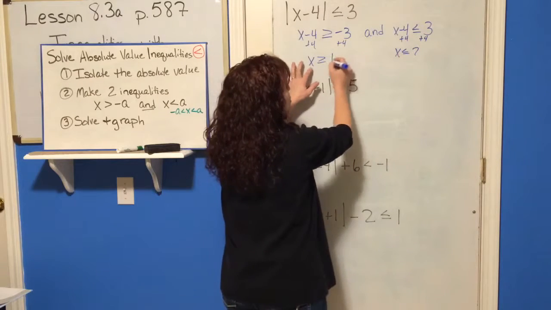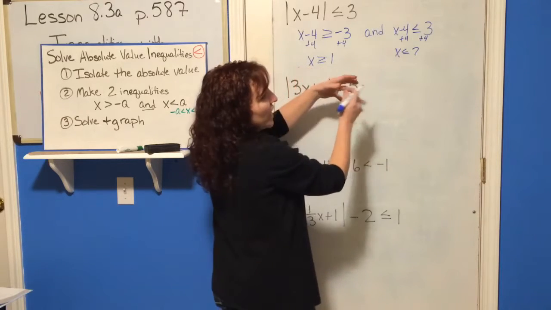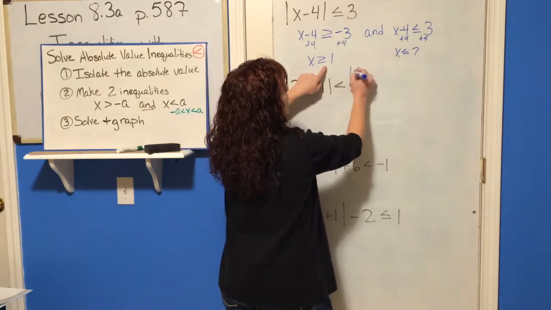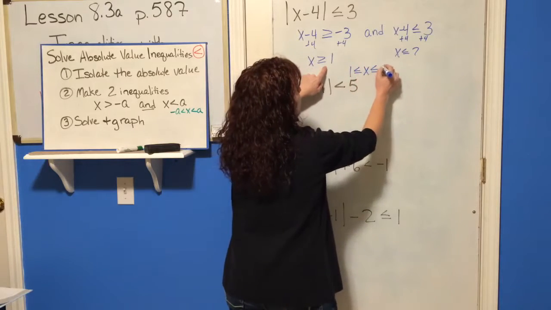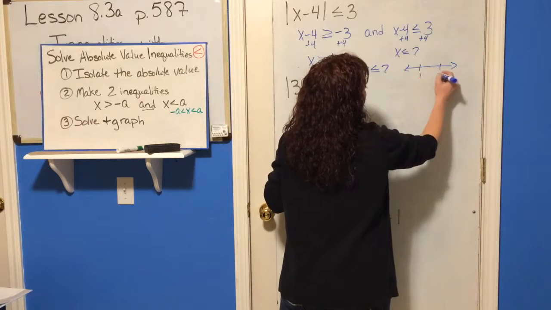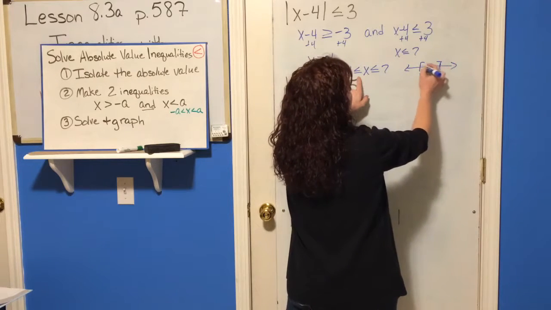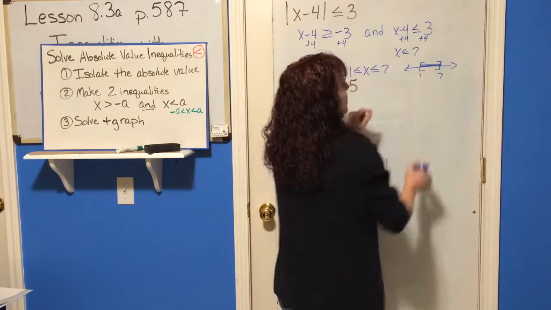So here's our two. So now we can set it up in a compound inequality. 1 is less than or equal to x, which is less than or equal to 7, and then graph it. 1 and 7 are our endpoints, and they're hard endpoints, and x is in between them.